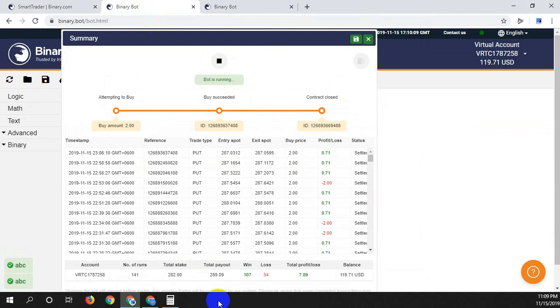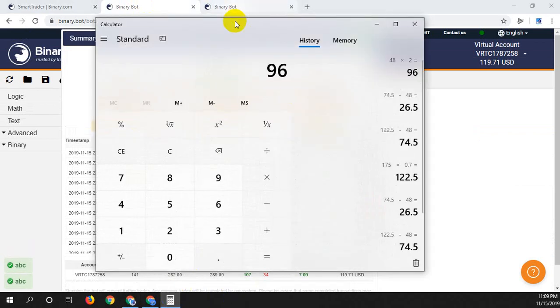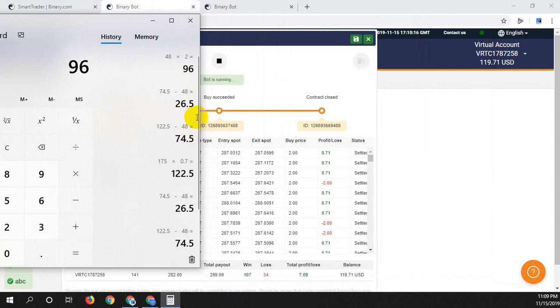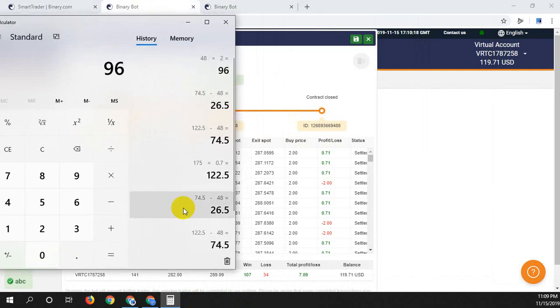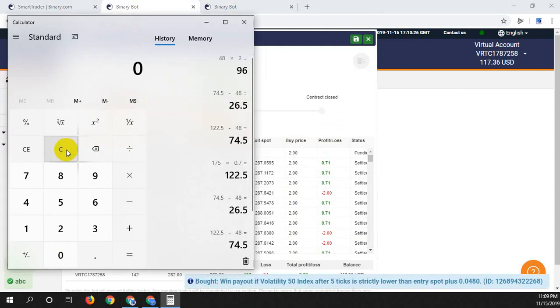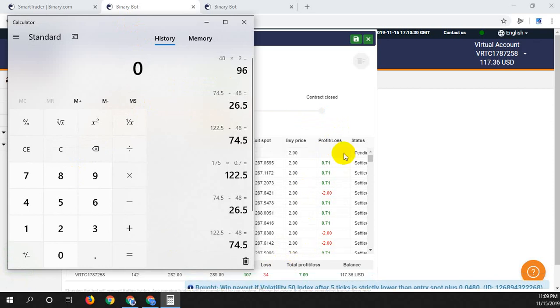So you can check this one. Here there is no martingale, all trades just 2 2 2 2. You can calculate here. You can see just $7 profit still now.